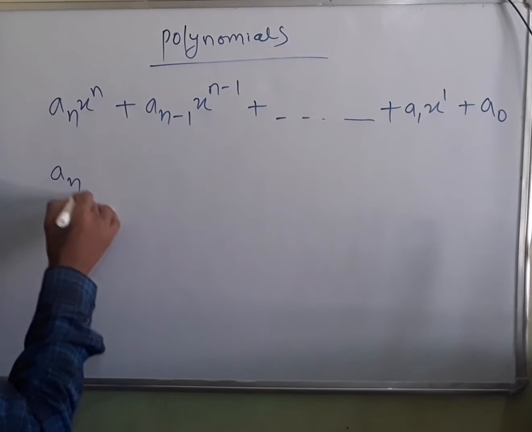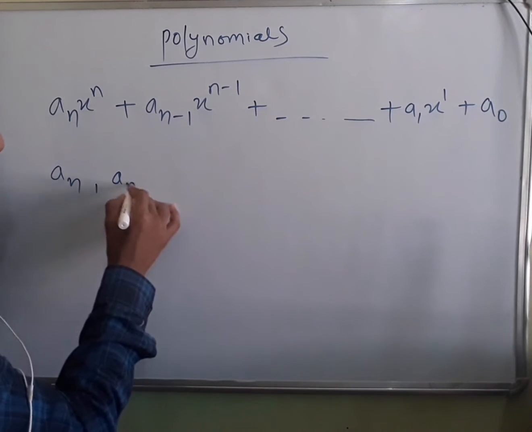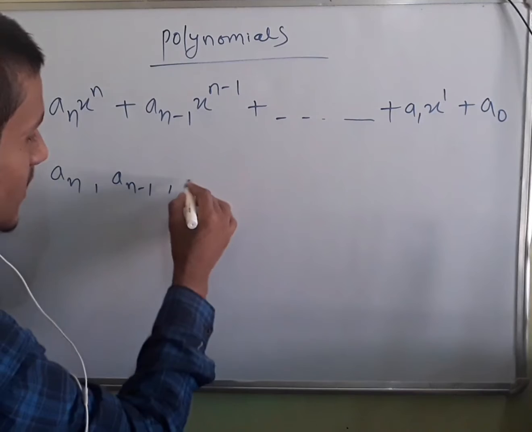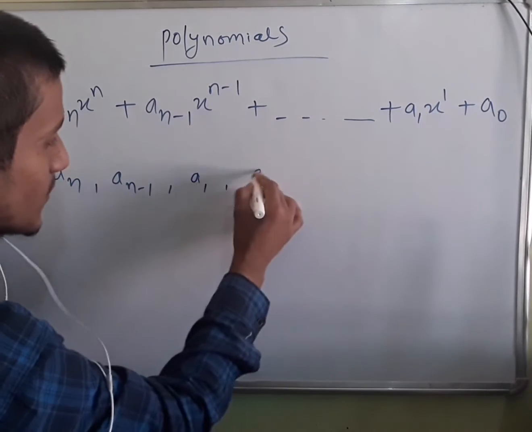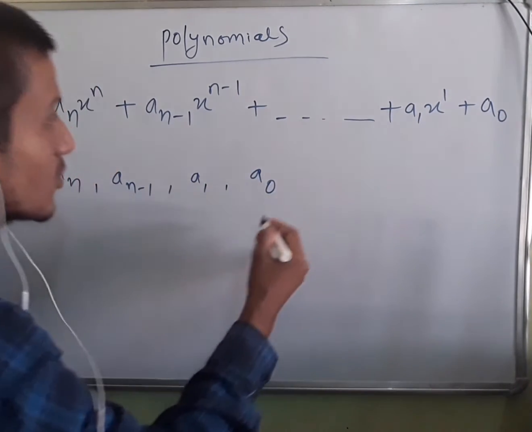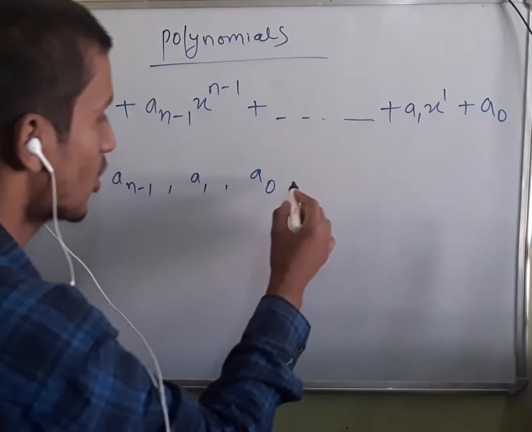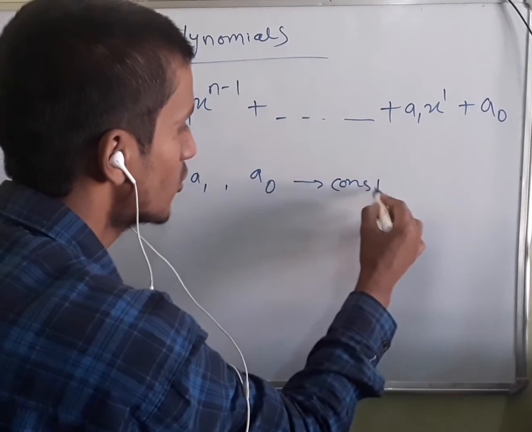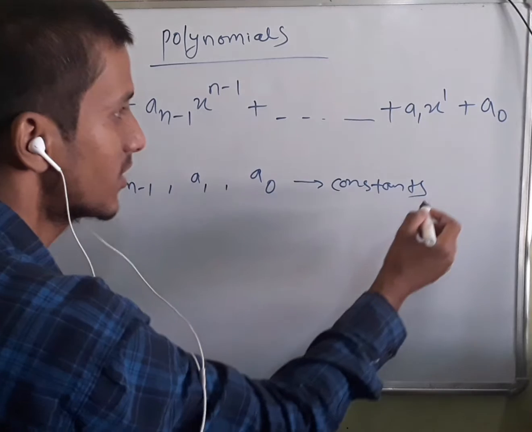So a sub n minus 1, a sub 1, even a sub 0, these are constants, also known as coefficients of the variables.